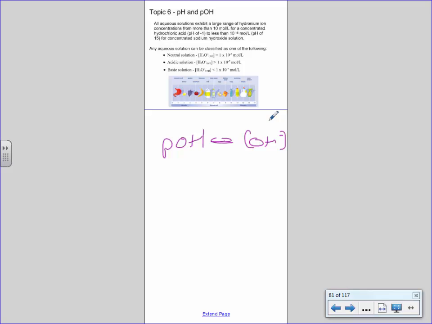The only thing that would change is that when your hydroxide concentration is neutral, it's still going to be 10 to the minus 7, because you have equal amounts of acid and base. But if something is acidic, you're going to have less hydroxide, and if something is basic, you would have more hydroxide. We can do the exact same thing for a base, only we flip everything.